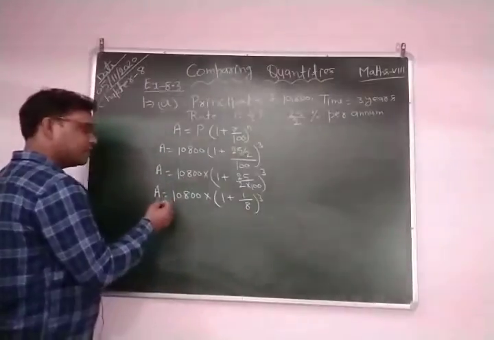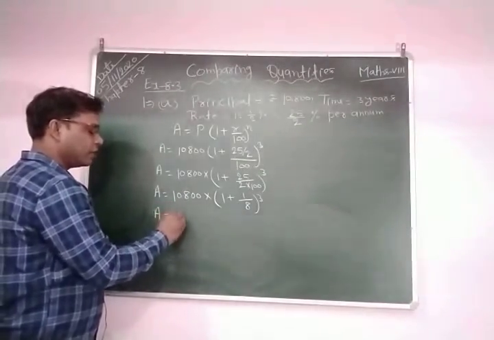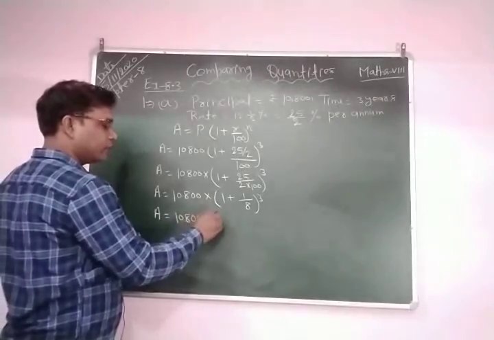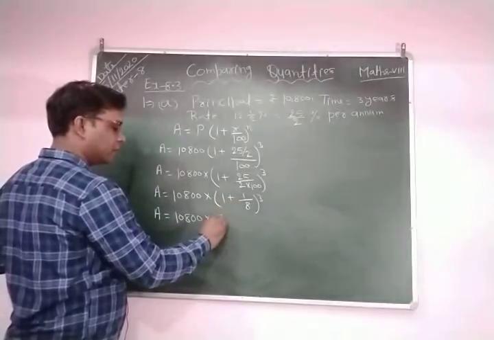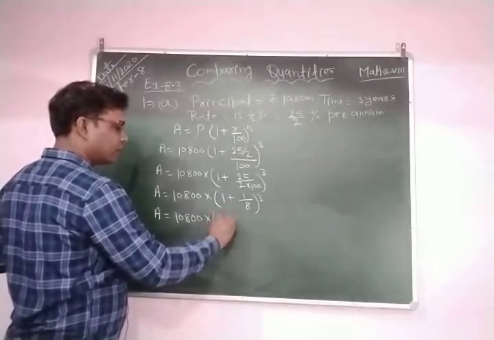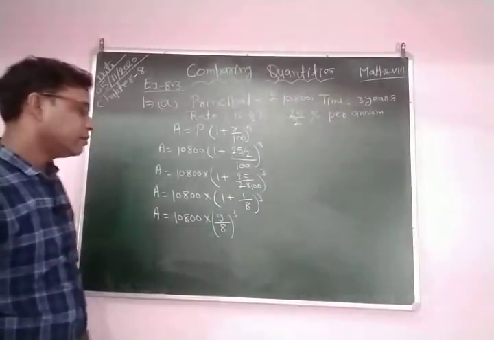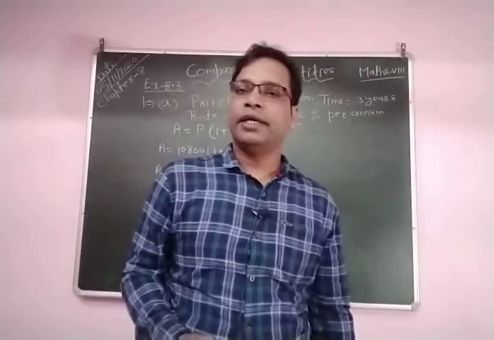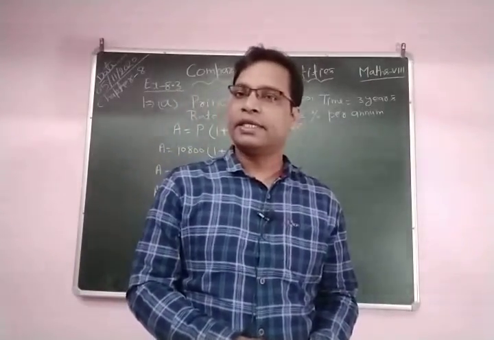Now in the next step you can write A is equal to 10,800 into 8 plus 1, 9 by 8, to the power 3. Clear? So 9 by 8 to the power 3 means you can write it as 9 into 9 into 9 by 8 into 8 into 8, 3 times.